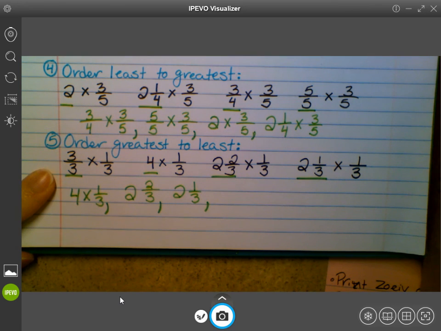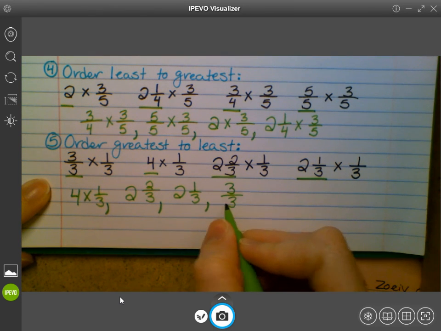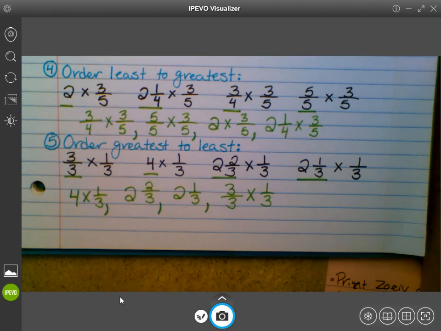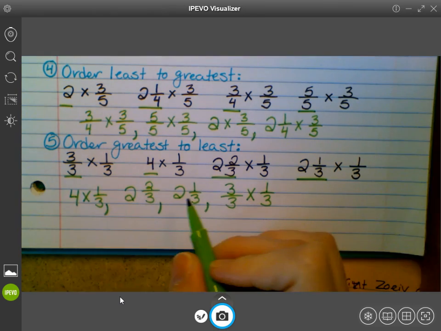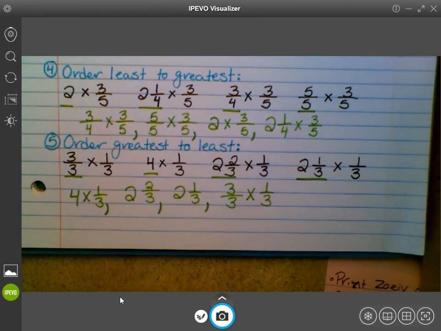What's our last one? 1, 2, 3. 3/3 times 1/3. Nice. Oh, I forgot to write the rest of this equation for that one. 2 1/3 times 1/3.